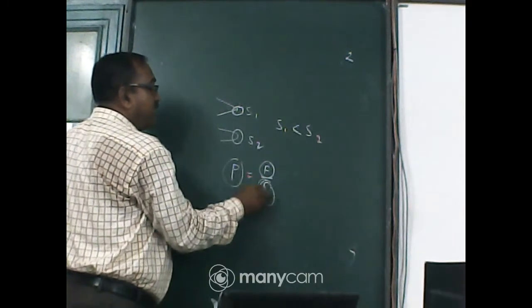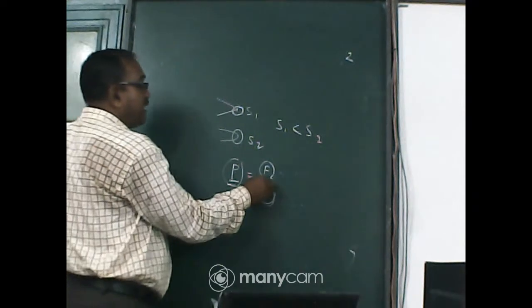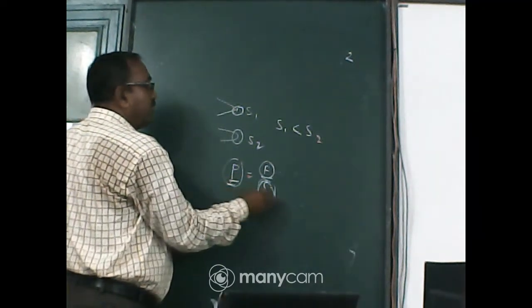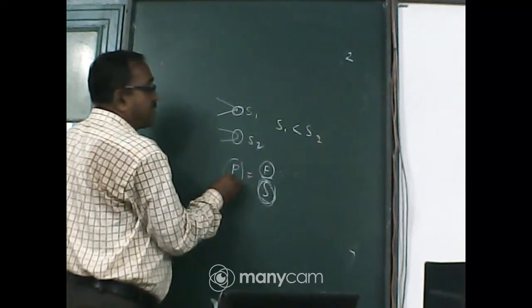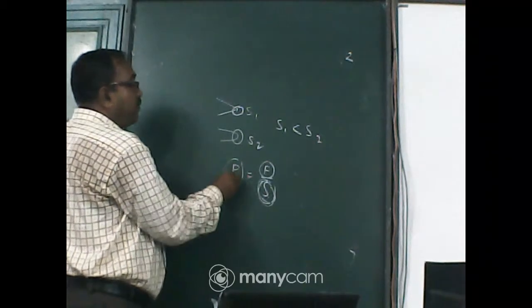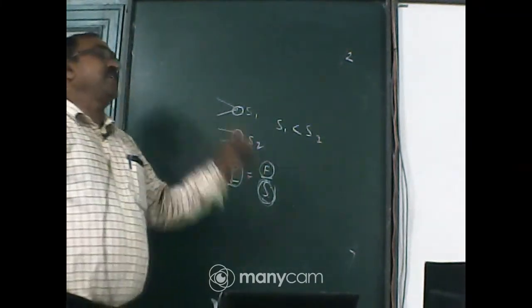If the surface area is less, that time the pressure is more. If this is more, then that is less; if this is less, that is more. So when pressure is more, it will penetrate more into the wall.